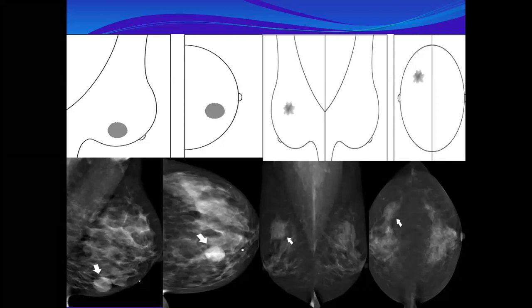It should be described as an asymmetry, but that doesn't preclude that it might be associated with an underlying mass. You might do spot magnification, and you might find a mass obscured by the overlying glandular tissue.